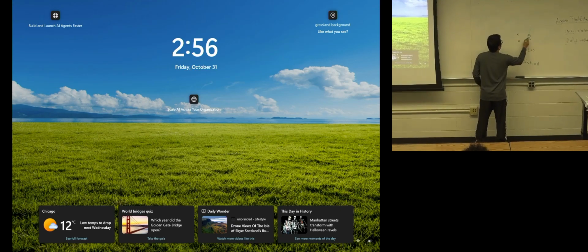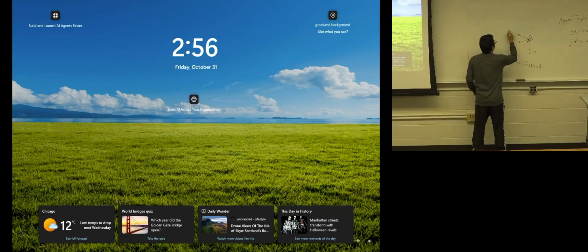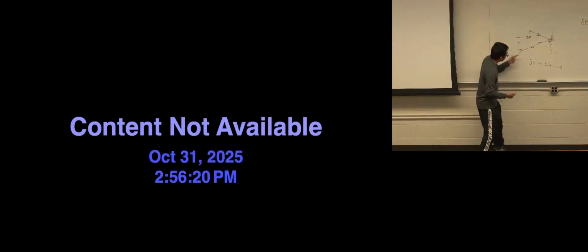Every node has some tight edge out of it. So this is just going to be your shortest path tree.